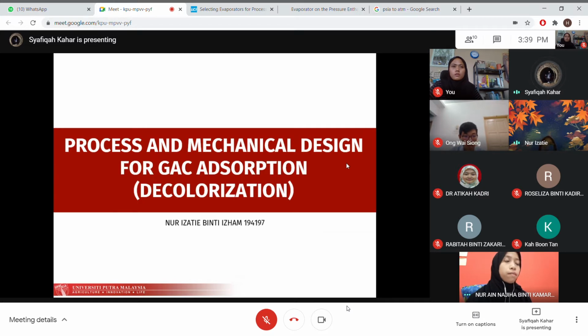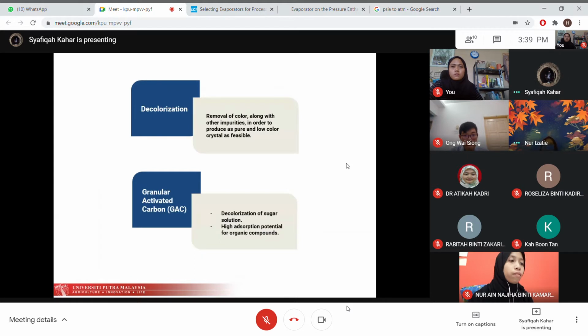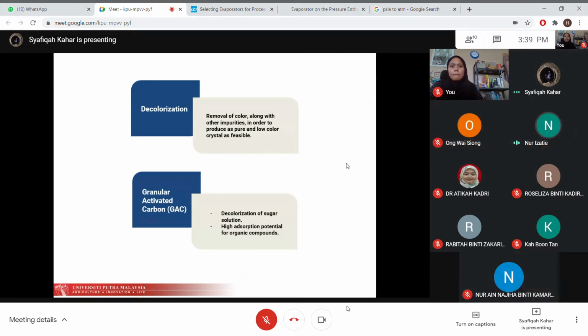We'll proceed to the process and mechanical design for GAC adsorption for the decolorization process. It is an important step in the sugar process where color is removed from the syrup along with other impurities in order to produce as pure and low-color crystals as feasible. Color determines the grade of sugar and is the main concern of buyers and consumers.